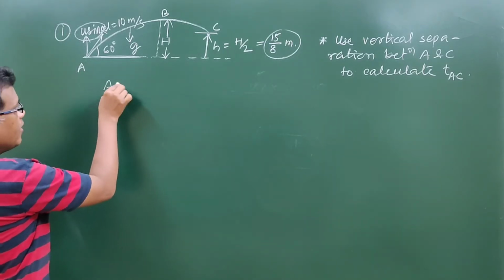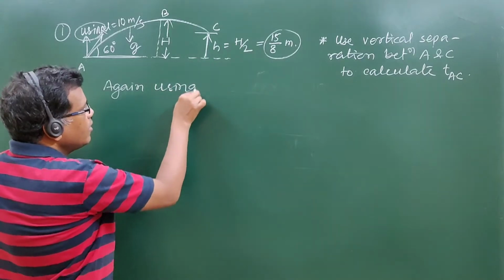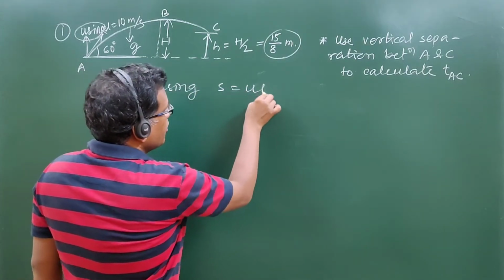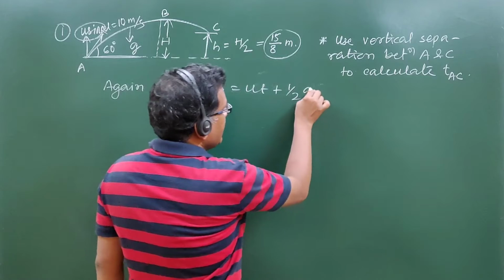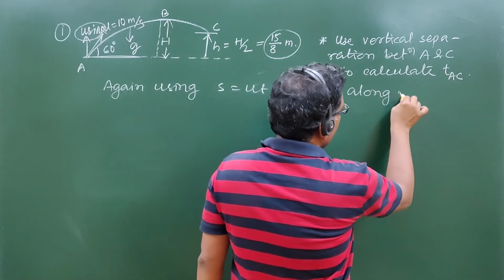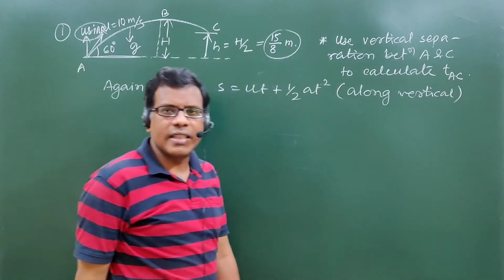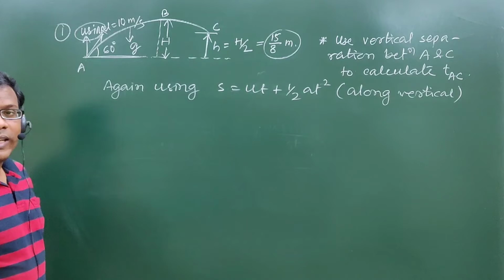Again using AC is equal to ut plus half at square along vertical. I can use this formula, equation of kinematics under constant acceleration, along vertical.